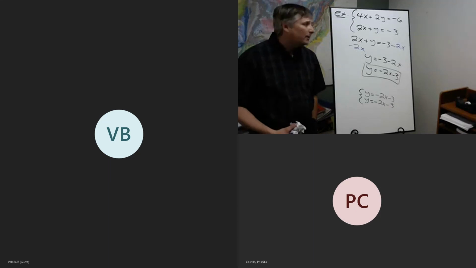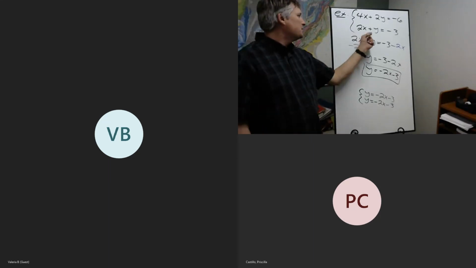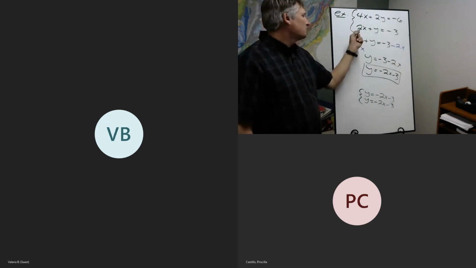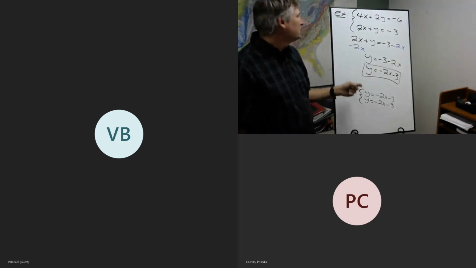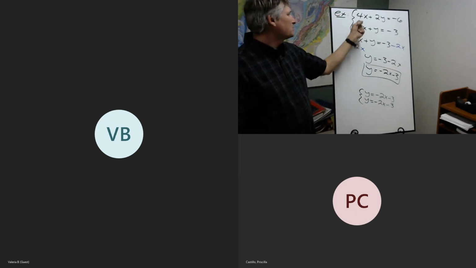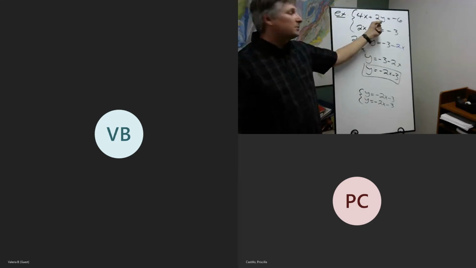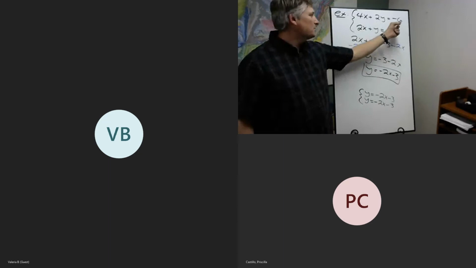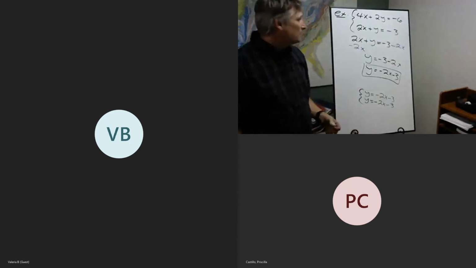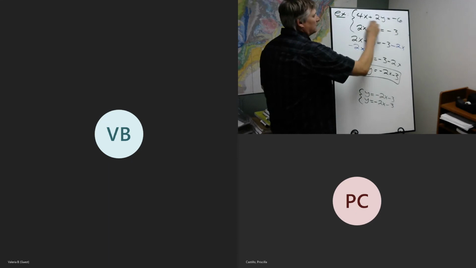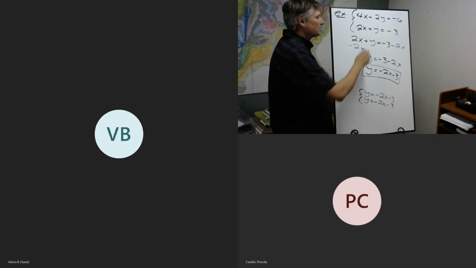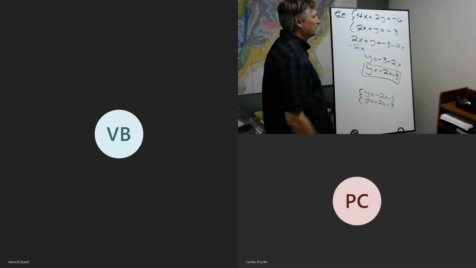Well, one way you can tell, if you take this equation and multiply the entire left side and the right side by 2, 2x times 2 is 4x, y times 2 is 2y, negative 3 times 2 is negative 6. So even though they look different, this equation is just 2 times this equation.